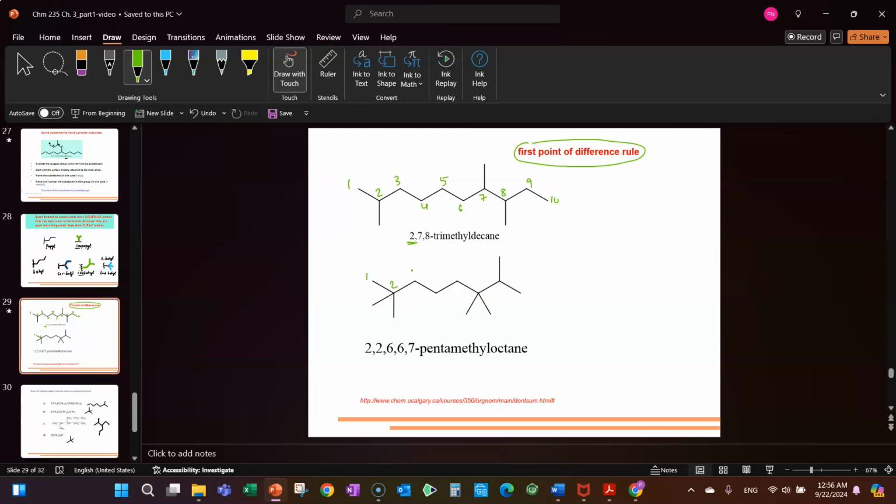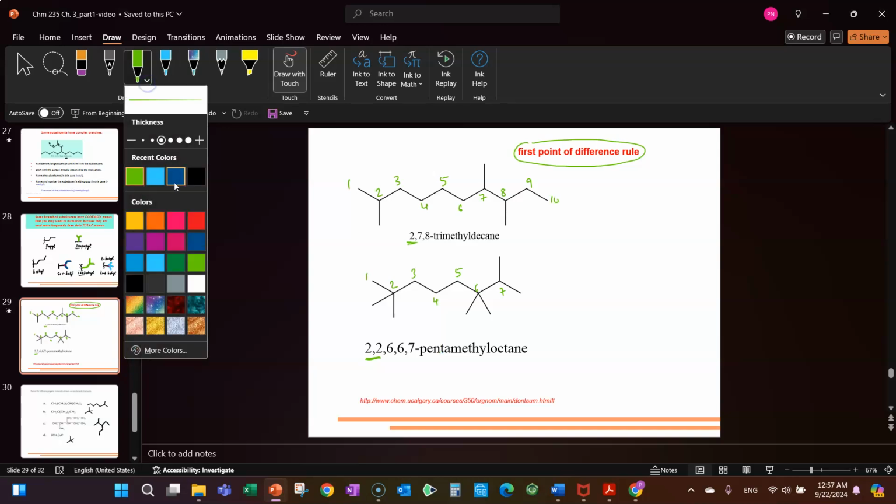So that means I decide to go this way of numbering, 5, 6, and 7. So that at the second position, you have 2 methyl groups. So you will put 2, 2. And at the 6th position, again you have 2. So 6, 6. Then 7, because at the 7th you have a 5th methyl group.